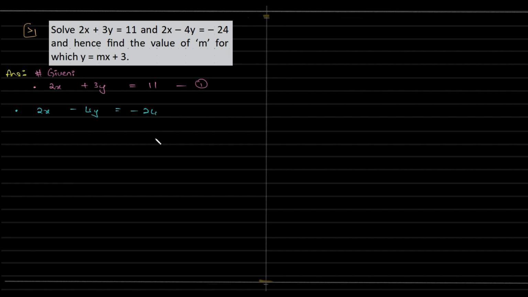One thing, when you're writing, do be aware of what you're writing. 2, 4, and 24. What is the HCF? HCF is 2. So let's divide all the terms by 2.